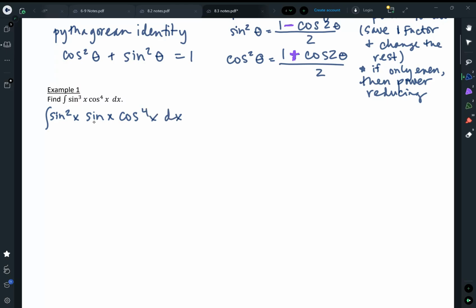And this is the one I'm going to save as a du. So my u is going to be cosine x. Derivative of cosine is going to be a negative sine x dx. So this one, I'm going to convert to cosine. So I'm going to change to cosine x. And then this one, I'm going to save for my du.